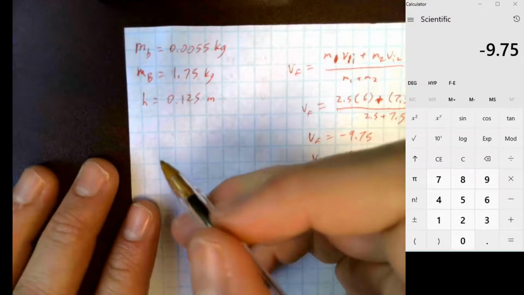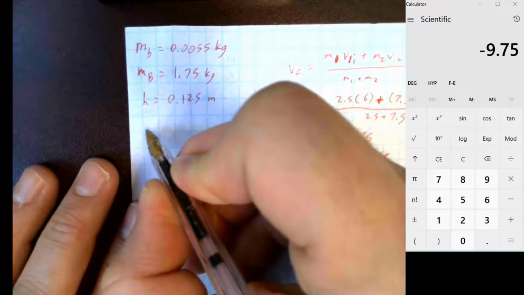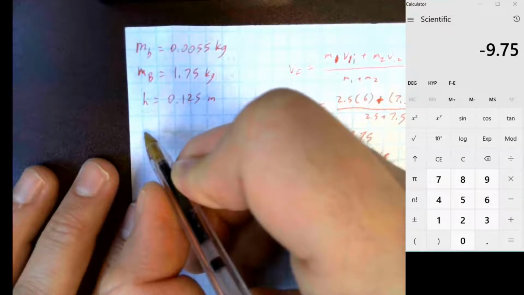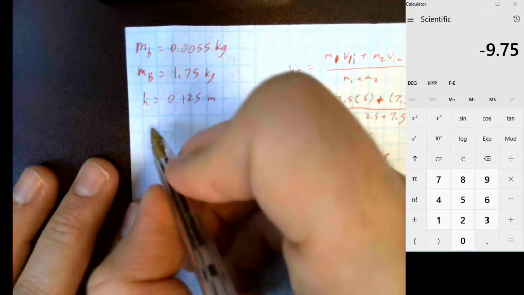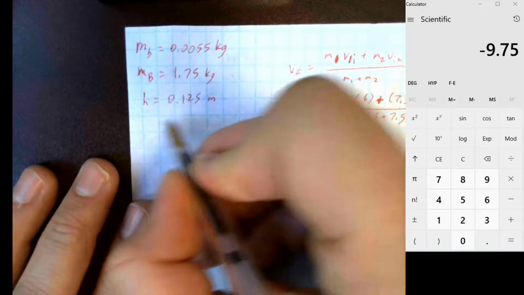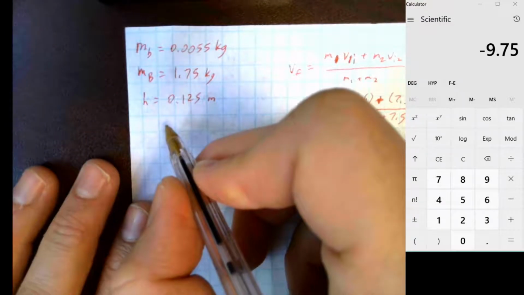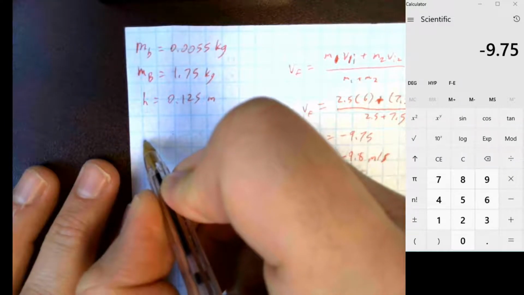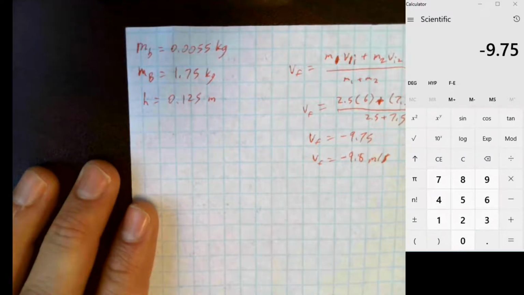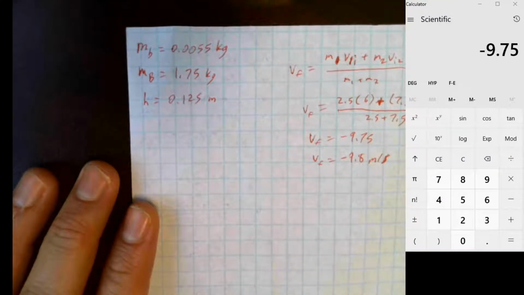So what we're going to do first is look at the kinetic energy, the situation where the kinetic energy would be conserved. Before, the bullet is moving and the block is stationary. I'm not interested in the kinetic energy there because this is a perfectly inelastic collision.